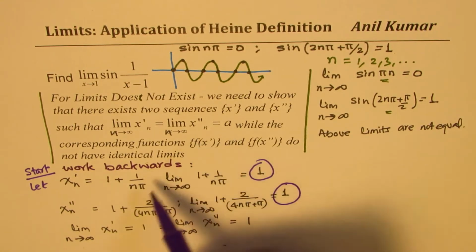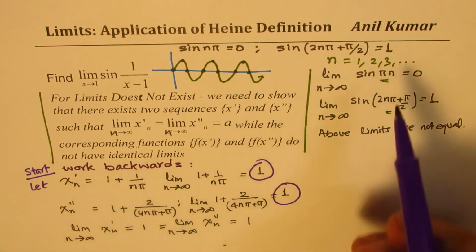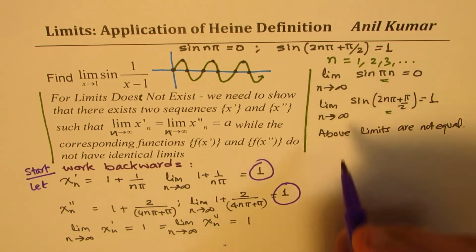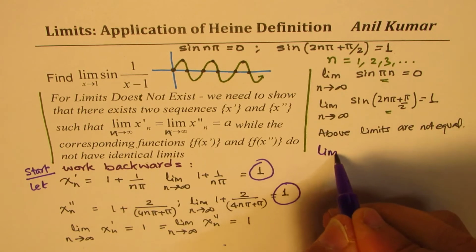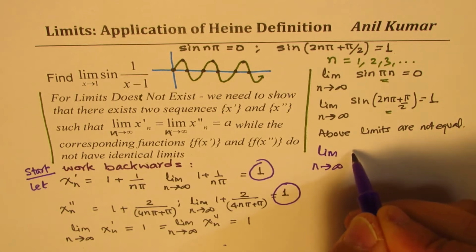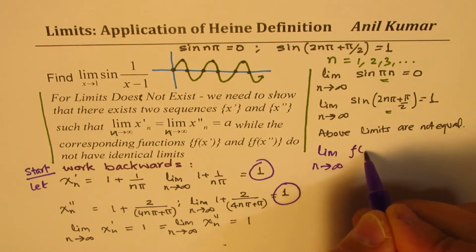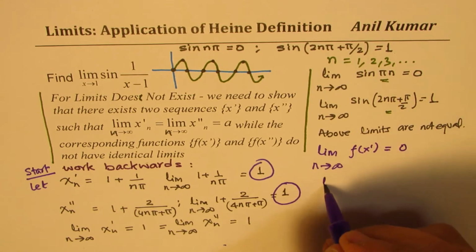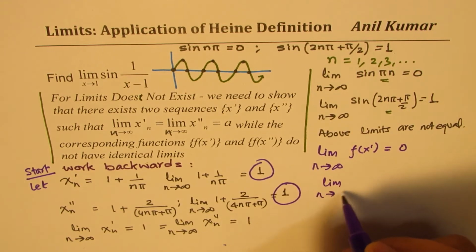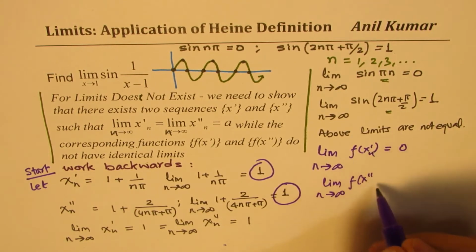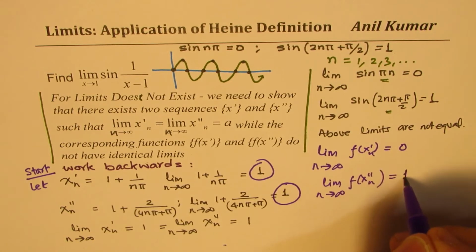Now, for the function of xn, we notice that the limit when n approaches infinity for the function f of x prime is basically equal to 0. But the limit when n approaches infinity for the function of xn double prime, let me write xn here, is equal to 1.